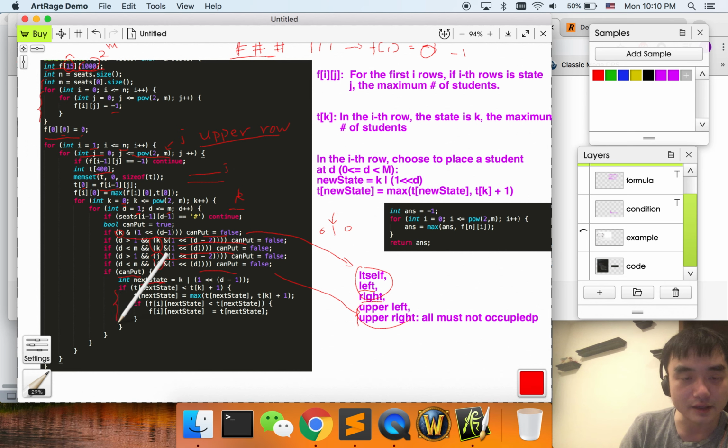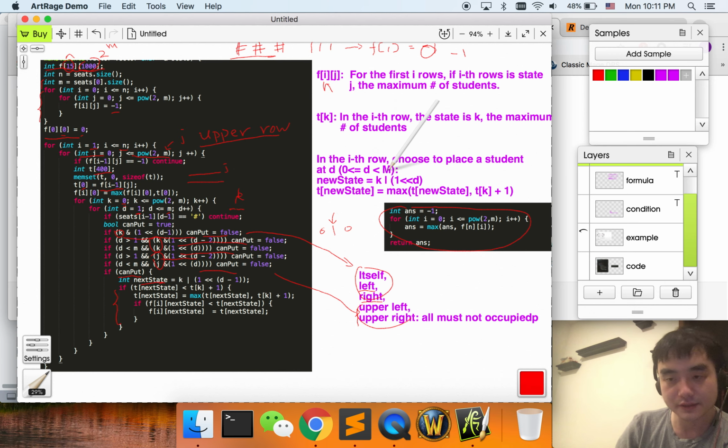We update the state's value, and we always choose the bigger value. In the end, we choose the maximum value for the first n rows and return the answer. So I guess that's it. Thank you for watching.